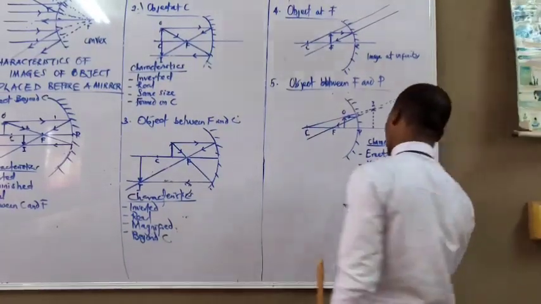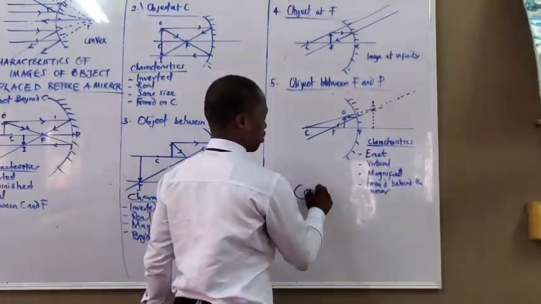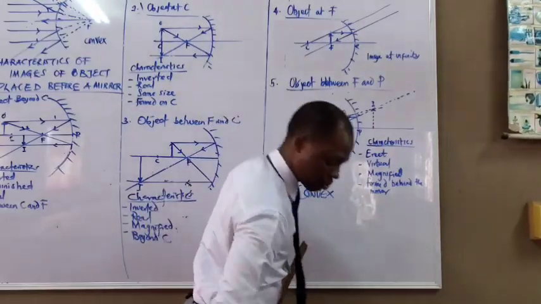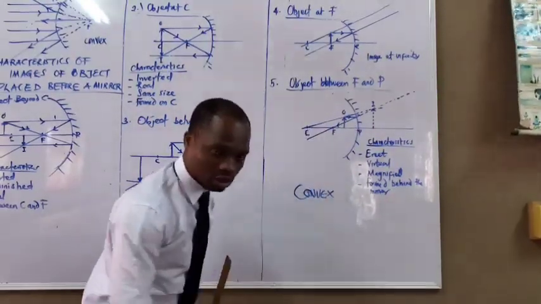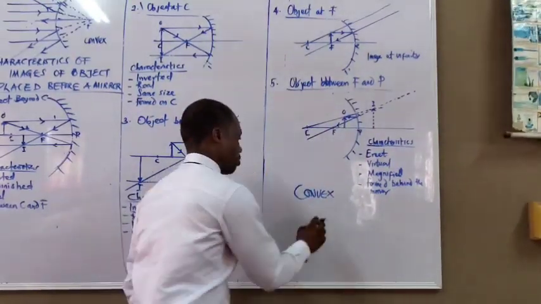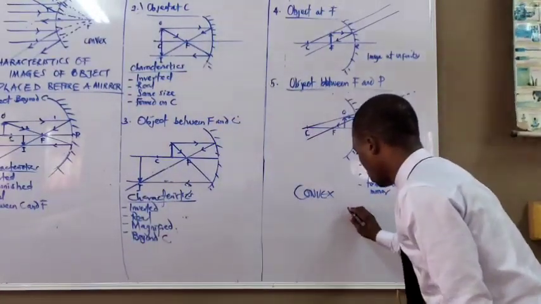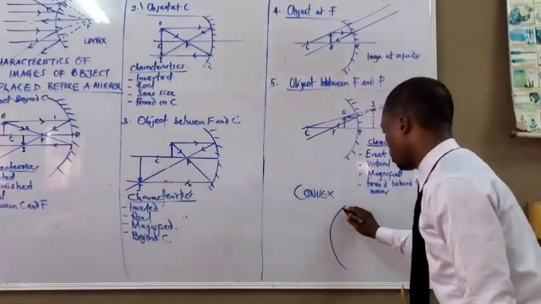The last case is for a convex mirror, in any position you place the object. This is our convex mirror.